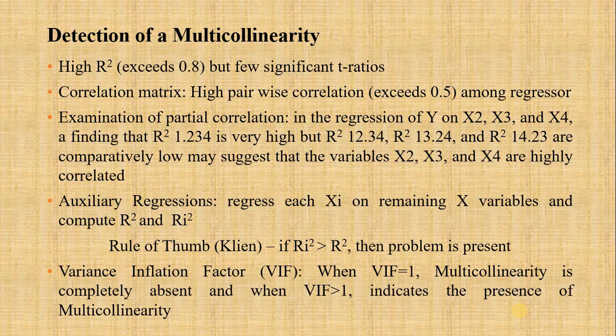Okay, and the third method is examining the partial correlations. In a regression of y on x2, x3, x4, you find the R square between 1 and 2, 3, 4, which is very high.